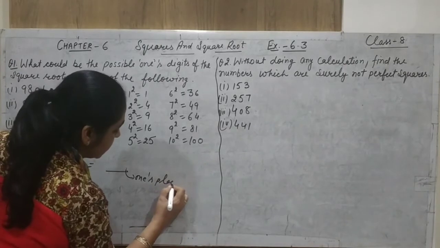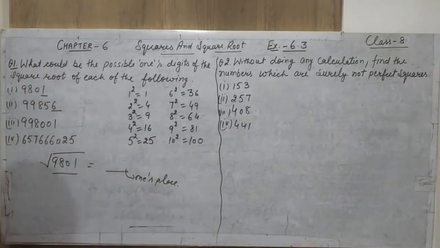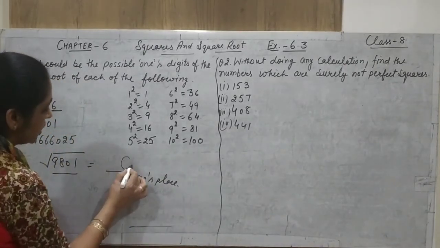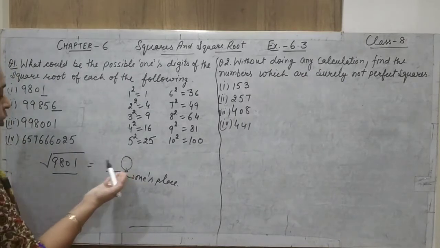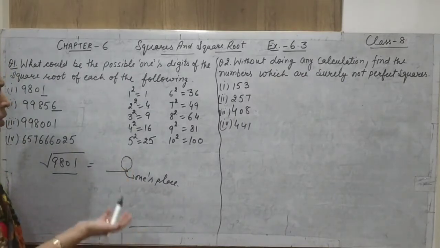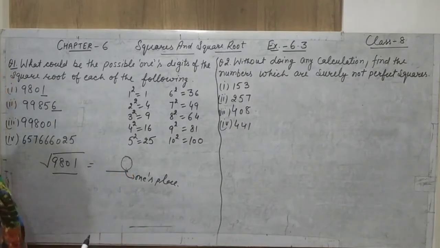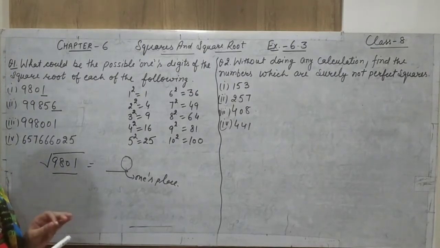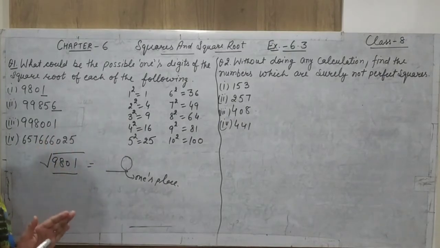Ones place is filled by which number? We have to find out only the ones place. Maybe a 2-digit number here or a 2-digit number may be here. But the main thing is what? What is the ones place of the 2-digit number? The answer. Okay. Now, before that, let us understand the squares of the numbers.